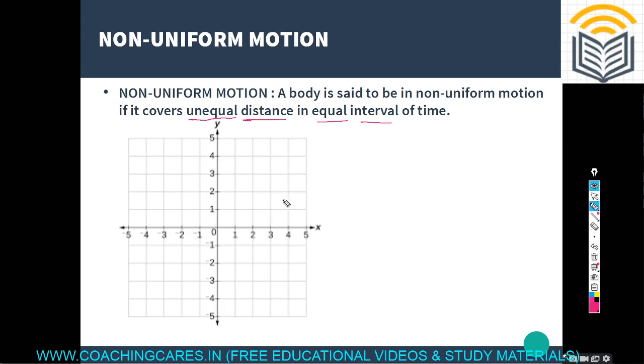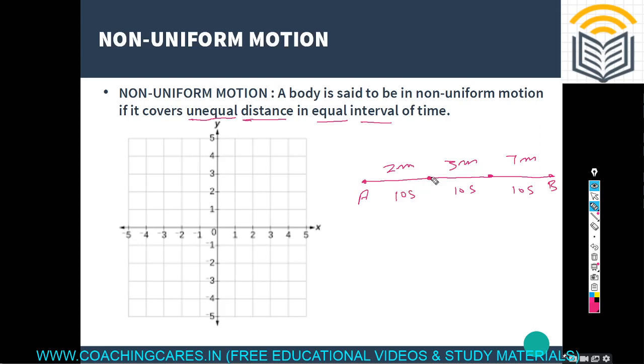Suppose a body starts to move from point A, and after 10 seconds the body moves to this point, say 2 meters. In another 10 seconds the body moves say 3 meters. In another 10 seconds the body moves say 7 meters to the final position.